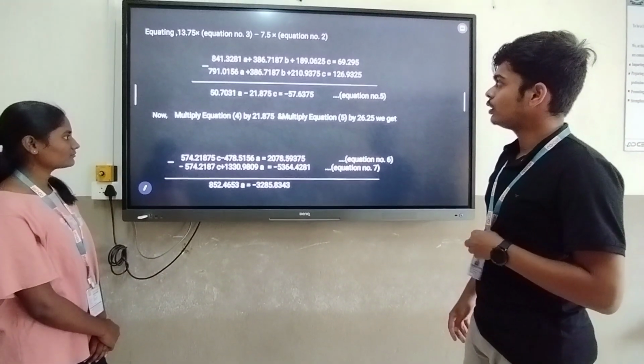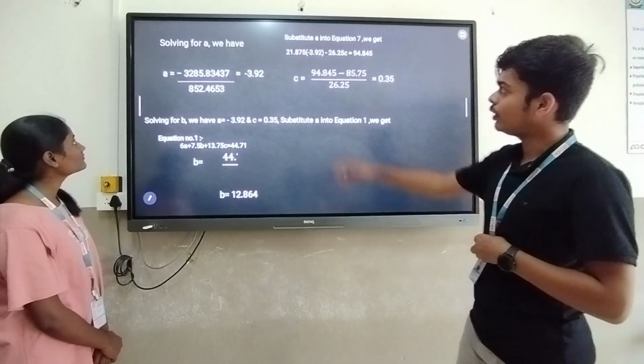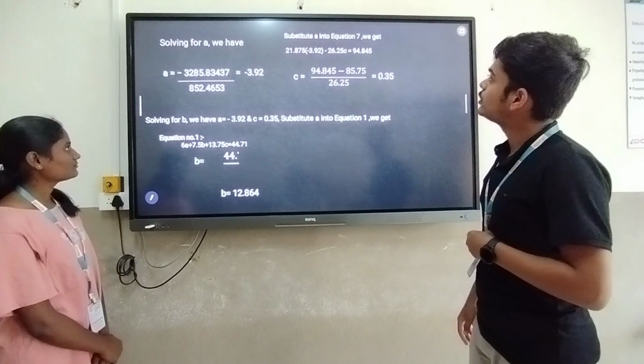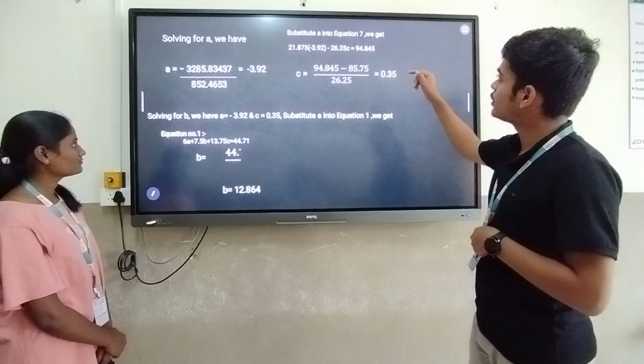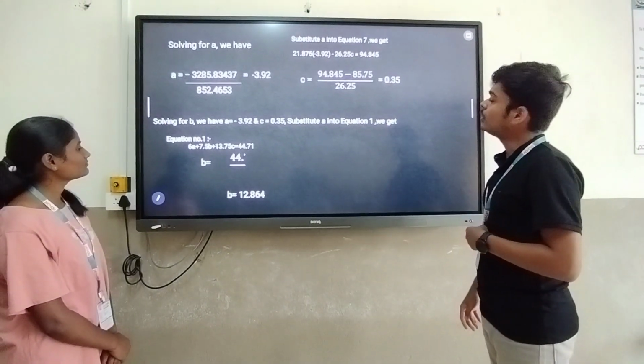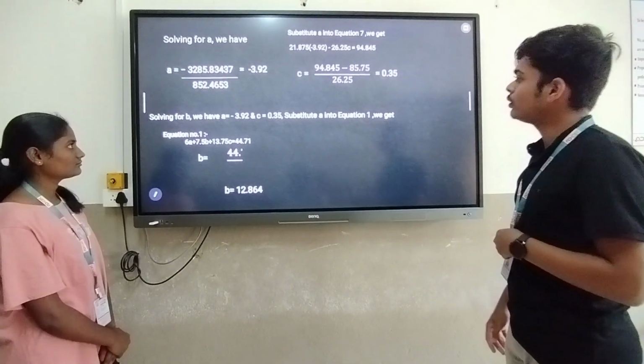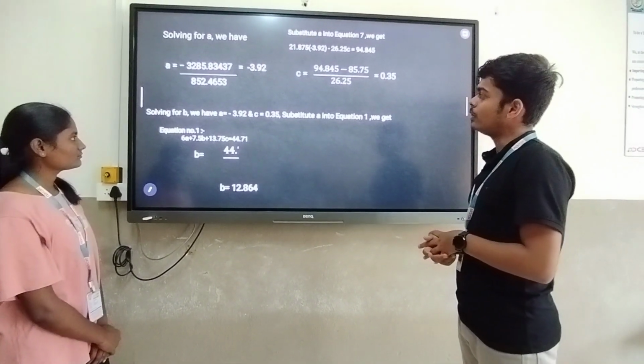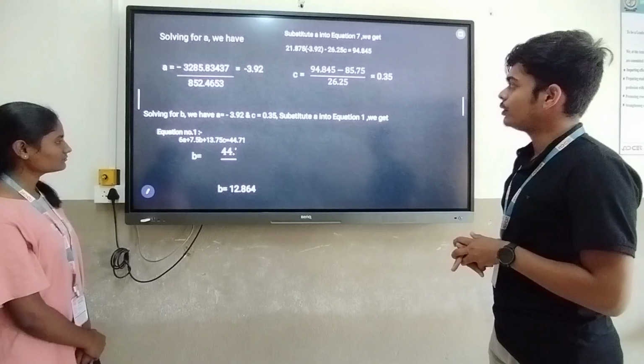From this equation we are able to calculate the value of A, which is minus 3.92. Substituting this value of A in equation number 7, we get the value of C, which is equal to 0.35. So A is equal to minus 3.92 and C is equal to 0.35.